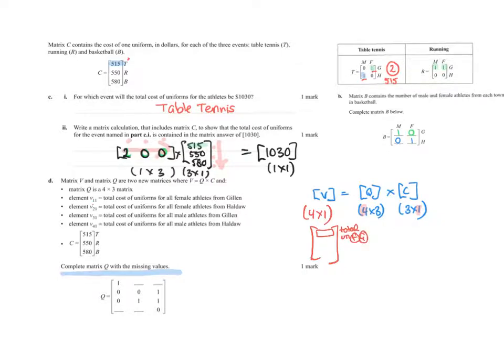Then 2, 1 is females again, but from H. So we've got females Gilligan, females H, males Gilligan, males H.